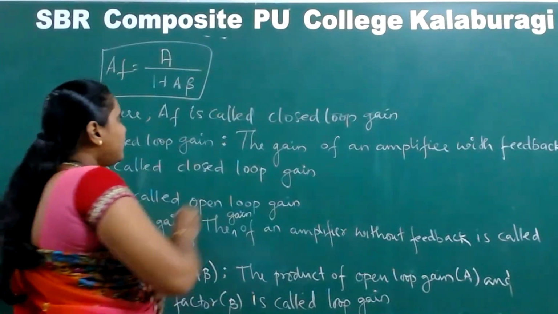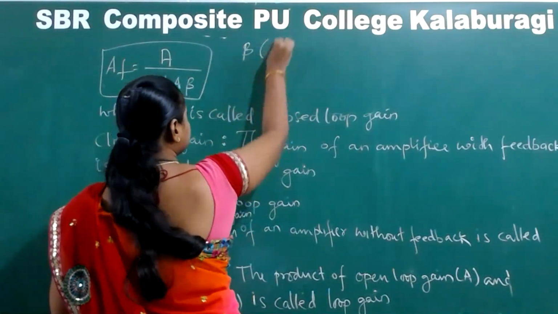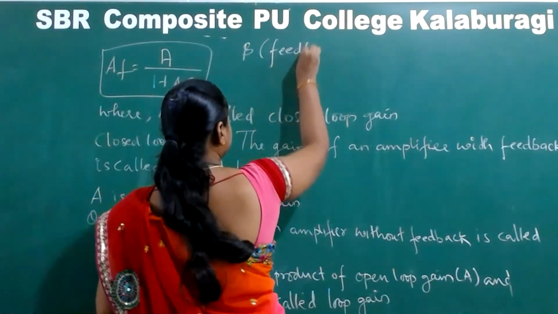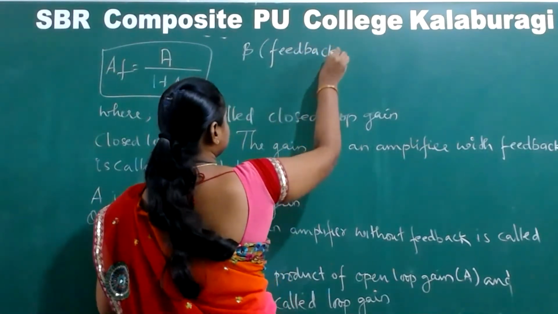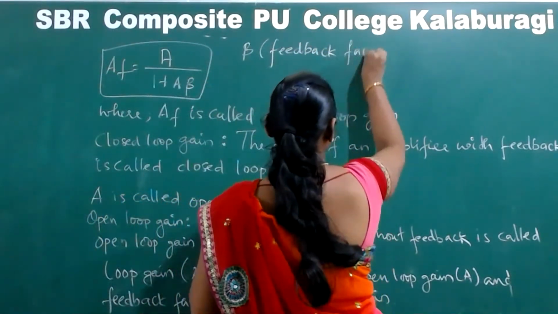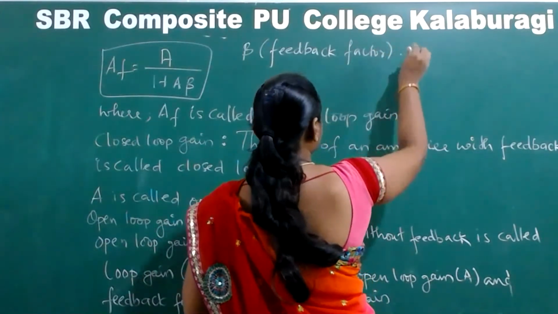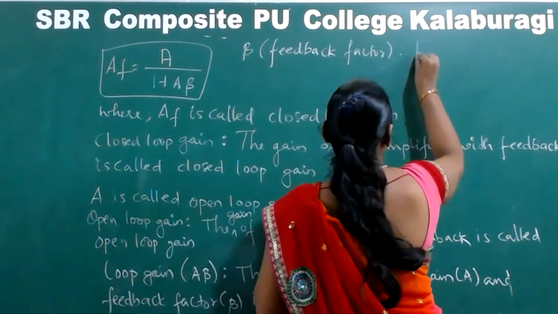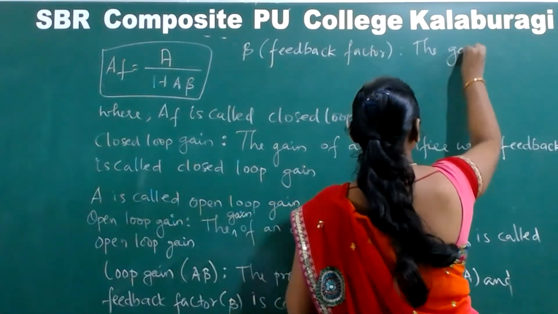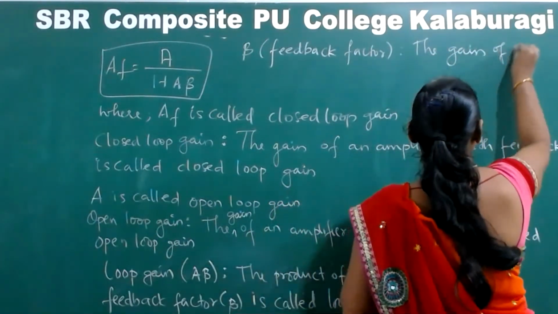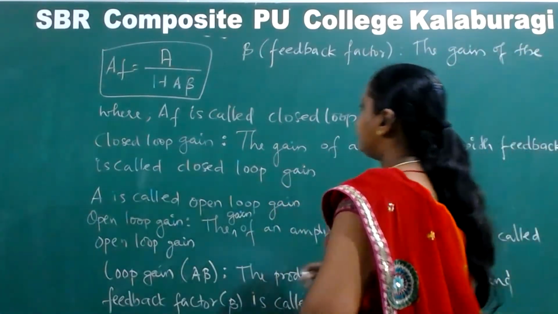Right? Next, what is beta? Feedback factor. Definition. It is simply defined as the gain of the feedback network.